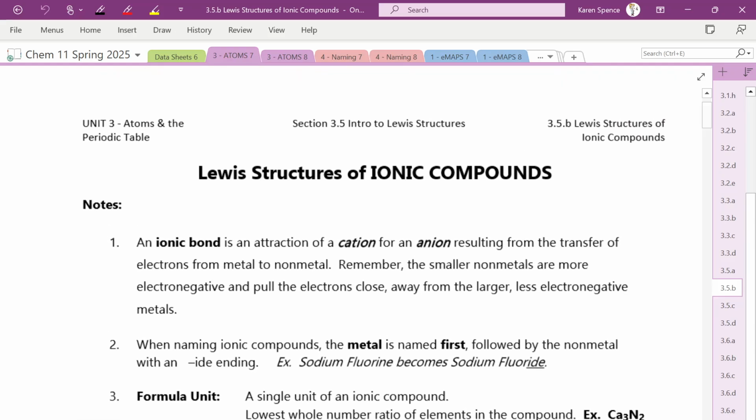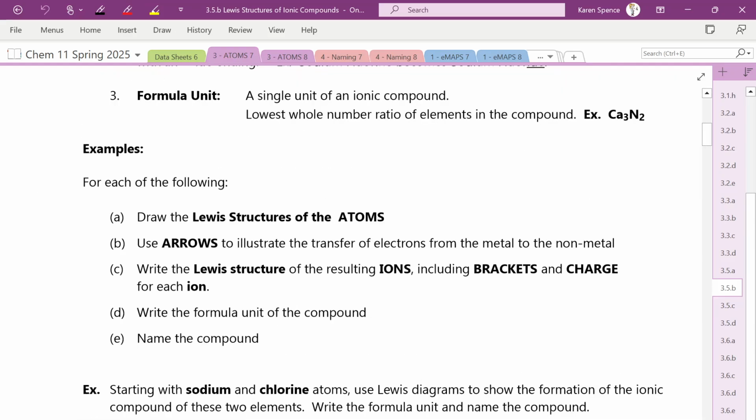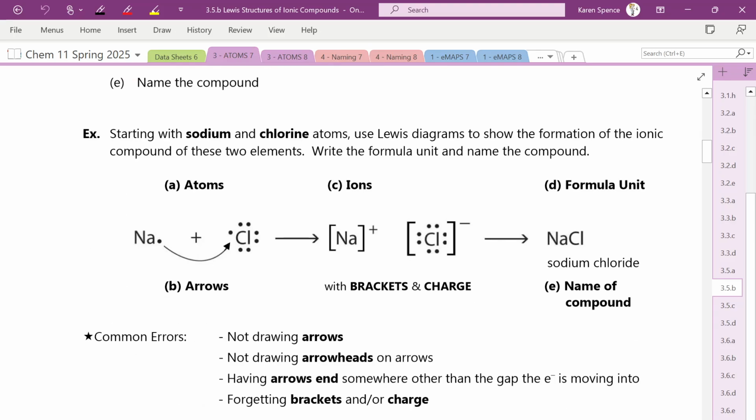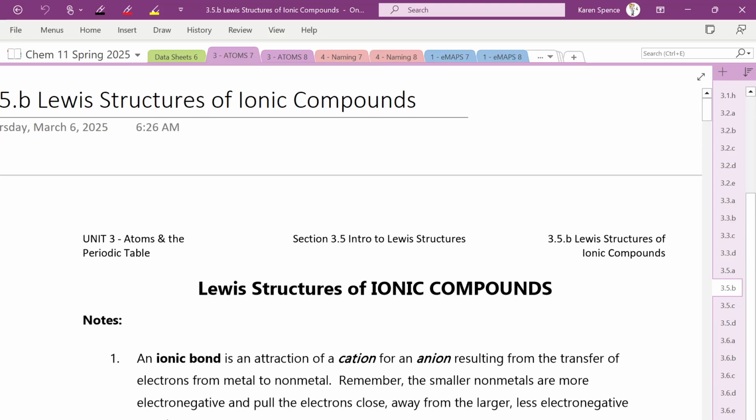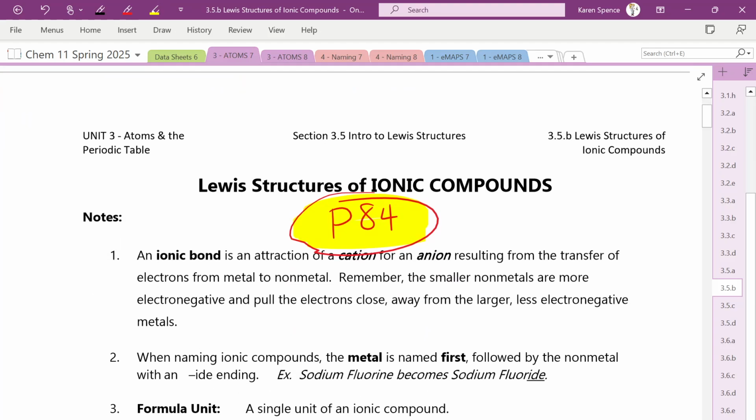So we are now going to go to page 84. Ionic compounds.